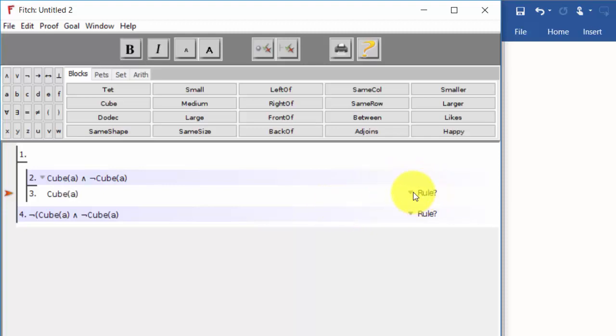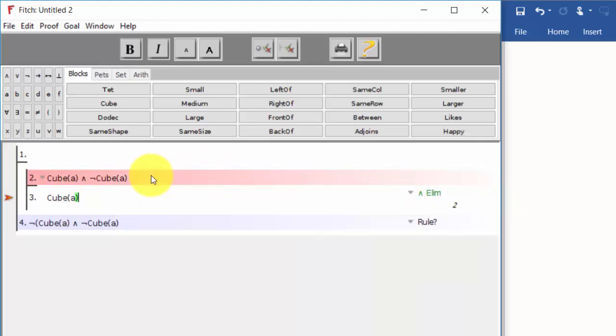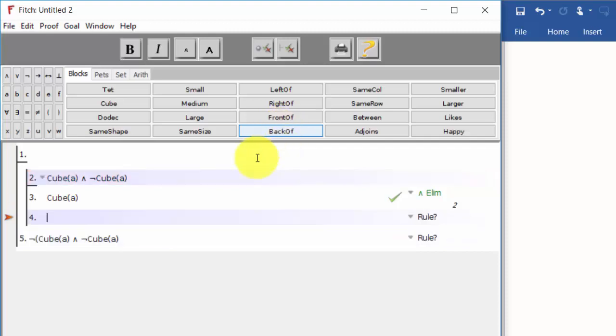Well, I see that both of those conjuncts, if they were separated from one another, would take the form of P and not the case P. And I know that I have a rule, conjunction elimination, that allows me to pull out the conjuncts of a conjunction. So I'm going to go ahead and pull out A is a cube from 2.